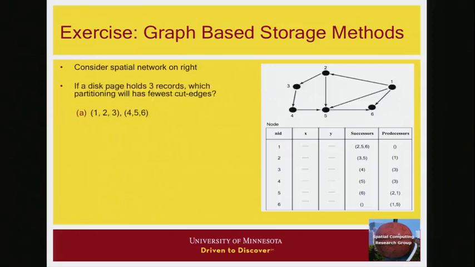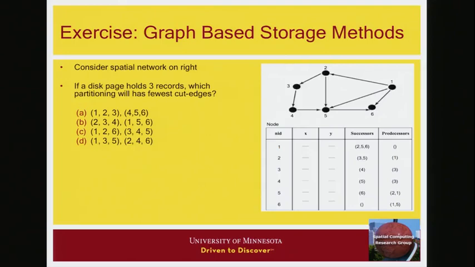Suppose you could partition it like this: nodes 1, 2 and 3 together, and you may cut these edges. Or you might have 2, 3, 4 together and cut these edges, and so on. You may consider these partitionings, count the number of edges cut and suggest which is most preferred to reduce I/O cost.